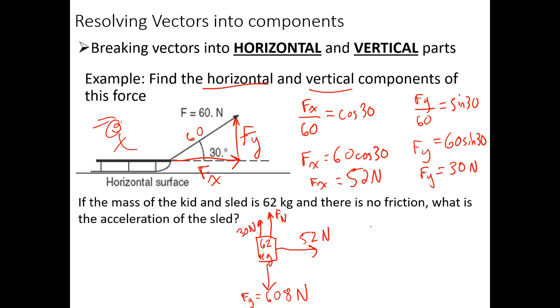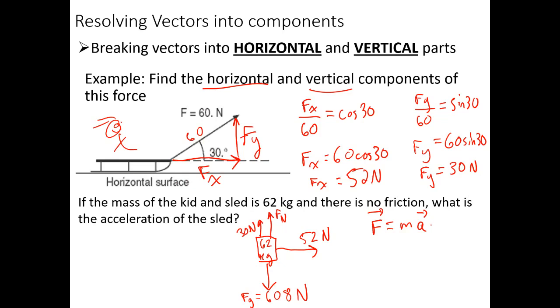Okay, so now if I want to find the acceleration of this kid and sled, I'm going to get to a very important concept that we must remember whenever we are using vector analysis of physics problems. I've drawn little vector hats above the F and the A in our Newton's equation of F equals ma. That represents that both force and acceleration are vector quantities.